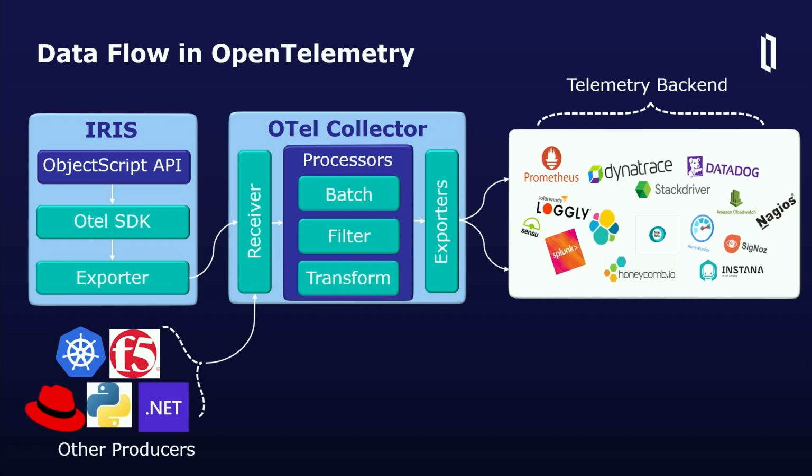It has internal processors that allow you to batch and transform that data, and then exporters that will allow you to take all of that data and push it into any of your telemetry backend infrastructure that you want. A lot of those exporters, it's really a plug-in interface. A lot of those exporters are a collaboration between one of these things in the telemetry backend box there and OTel itself.